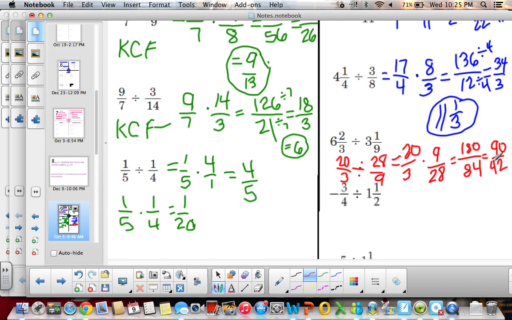I know that 42 goes into 90 2 times, because 42 times 2 is 84. And then there would be 6 left over with 42 on the bottom. So 2 and 6/42. Divide both our numerator and denominator by 6. So 2 and 1/7.